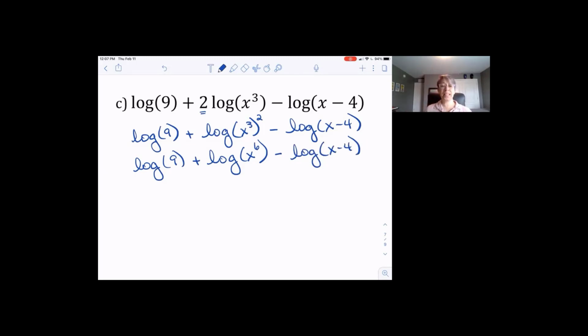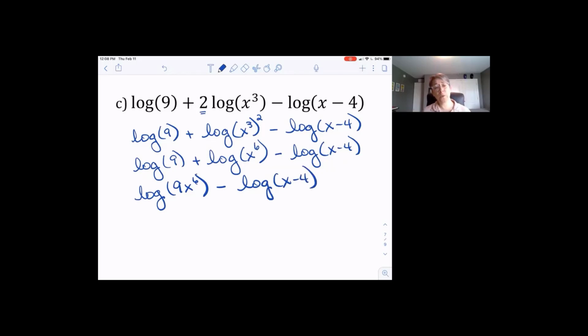Now let's focus on the addition and subtraction left to right so we can combine our logarithms. The first one is addition. Logarithms represent exponents. When do we add exponents? When we multiply like bases. So we're going to take this common log and multiply the 9 times the x to the 6th. And we still have the minus log of x minus 4 at the end.